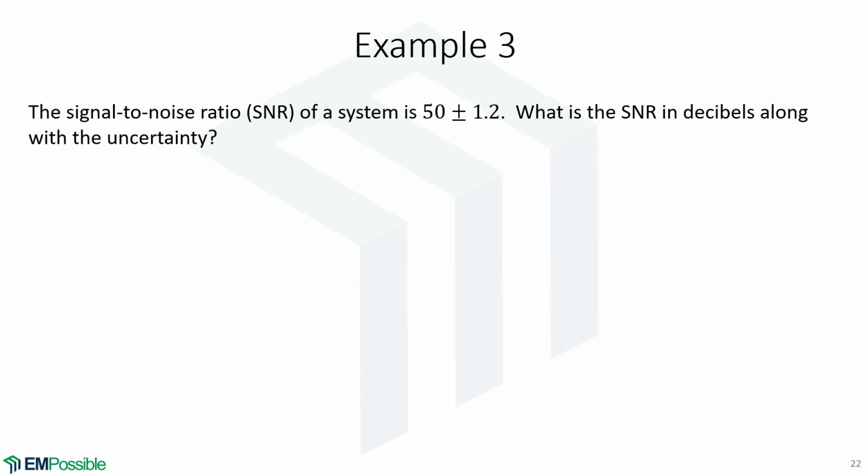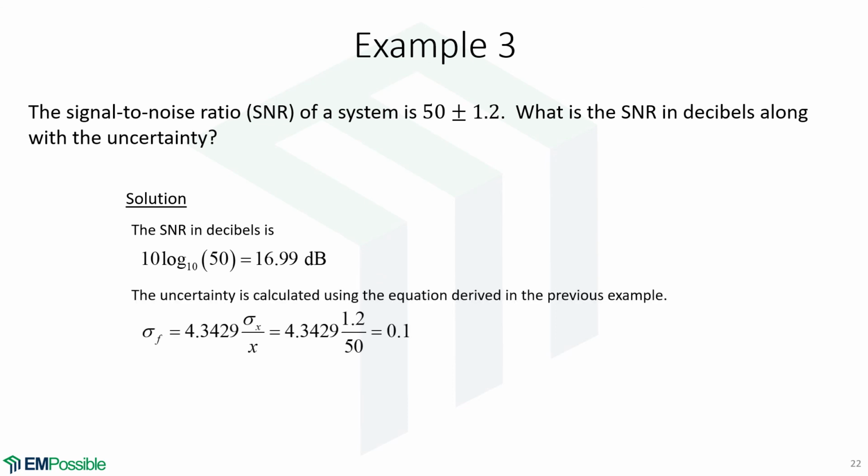Now let's actually put numbers to this. Suppose we have a communication system and it has some signal to noise ratio that is 50, plus or minus 1.2. Question is, what is the signal to noise ratio in decibels along with the uncertainty of the decibel quantity? Well, we just derived an equation for doing that on the previous slide. And so we'll apply that to calculate the uncertainty. But first, we'll just calculate the number. So we plug in our 50, 10 log 10 of 50, 16.99 dB for the signal to noise ratio.